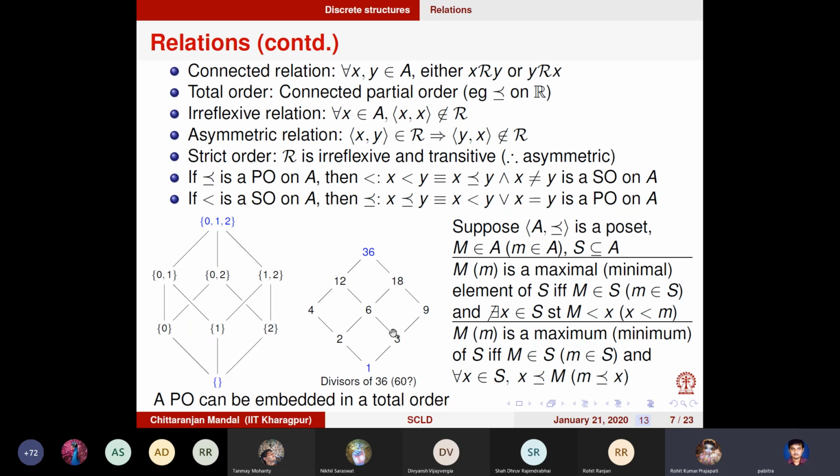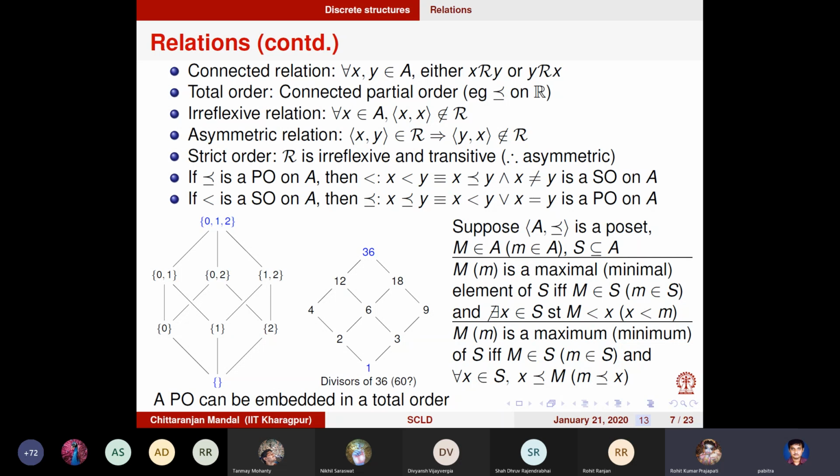So if you consider the set 2, 3, 6, 12, 18, you should be able to identify one element such that every other element is less than or equal to M. As you can see in this set, there is no such element. 12 and 18 are maximal, but they are not maximum because 18 is a member of the subset and it is not less than or equal to 12.